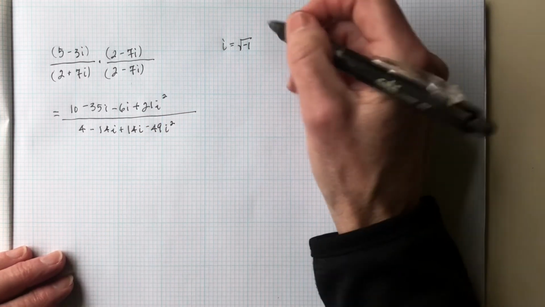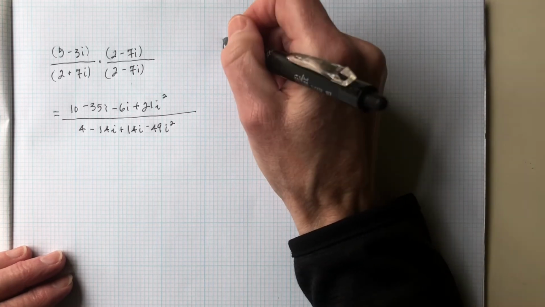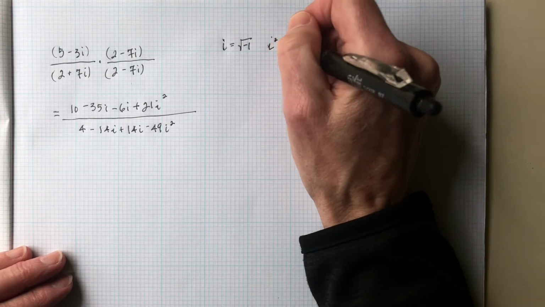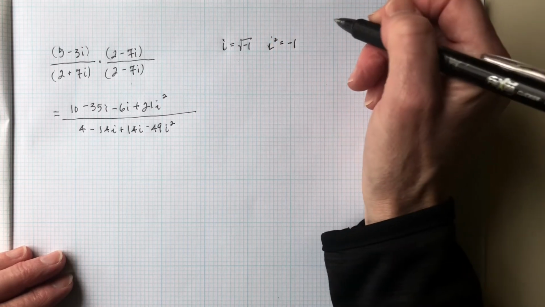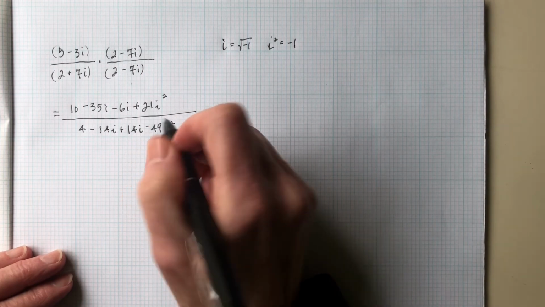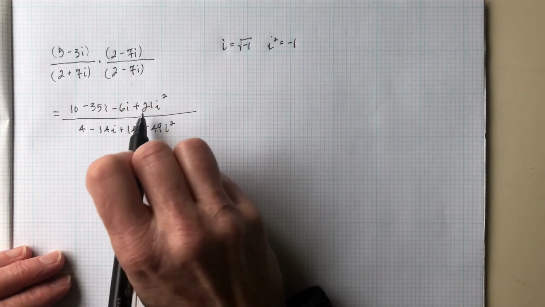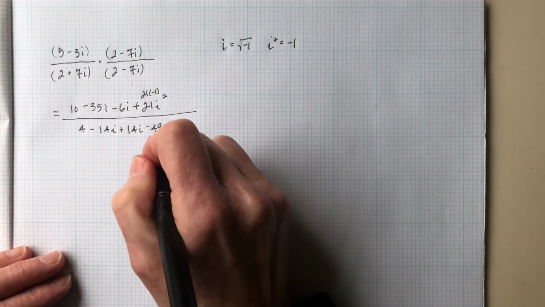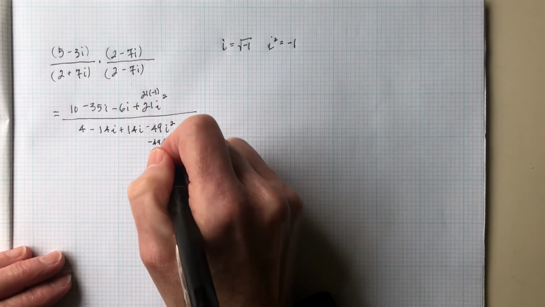Now remember, i being the square root of negative 1, that also means i squared equals negative 1. So here we have this i squared and this i squared. You can think of it as, like in this case, 21 times negative 1. And in this case, negative 49 times negative 1.